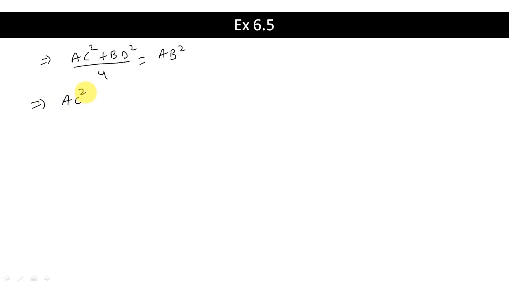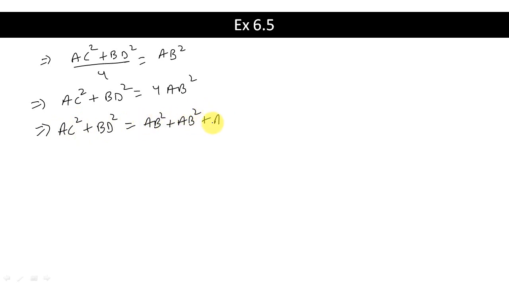That is, AC square plus BD square is equal to 4 times AB square. Now in place of 4AB square, I can write AB square plus AB square plus AB square plus AB square. In place of this AB, I can write BC because all the four sides are equal.